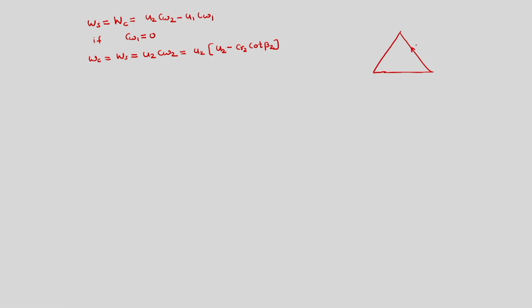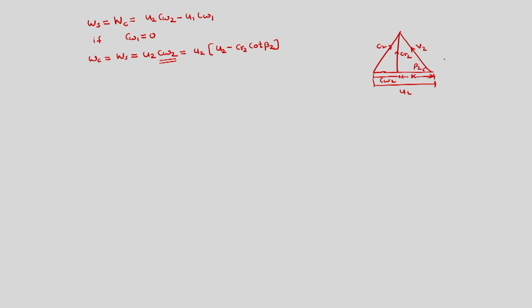Here we have this as V2, this as C2, this will be CR2, this is U2, and this for us will be CW2. We want to represent CW2, and so CW2 is U minus this X, whatever it is.